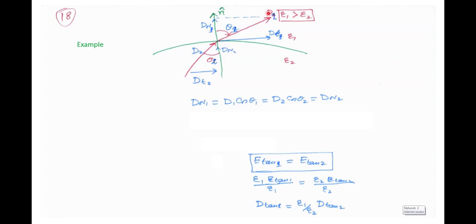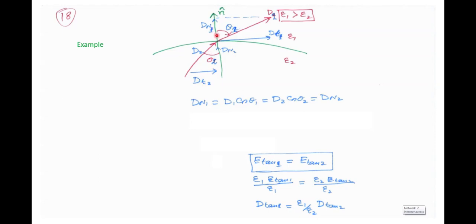That is, the D field moves away from the normal to the interface, and in material 2 the D field moves towards the normal to the interface. Okay, so the D2 field splits into two components at the interface, that is Dn2 and Dt2.